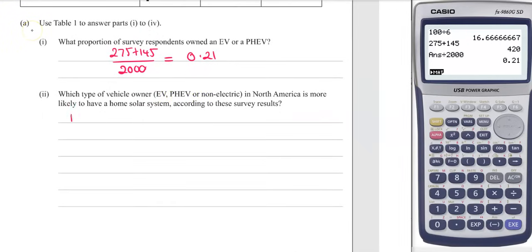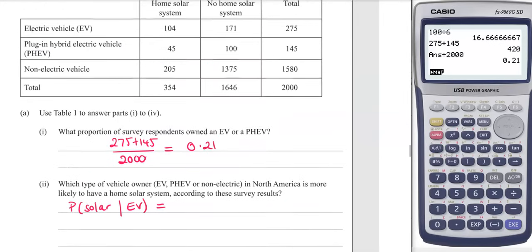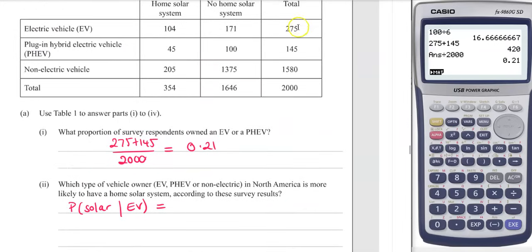Which type of vehicle owner is more likely to have a home solar system? So we need to compare the chances of having a solar system for each of them. So the chance of having solar if they are an EV owner. So we look only at the EV owners. We've got 104 out of 275.